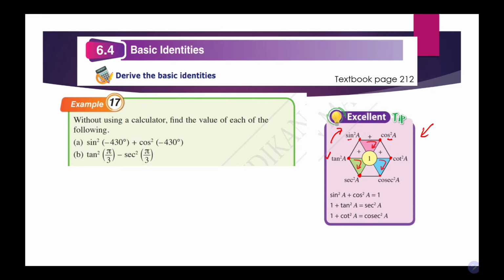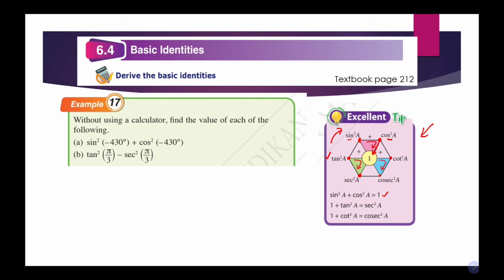As you can see, starting from sine square A and going clockwise from this point, the sum of the squares will get 1. Then we go for the blue triangles.